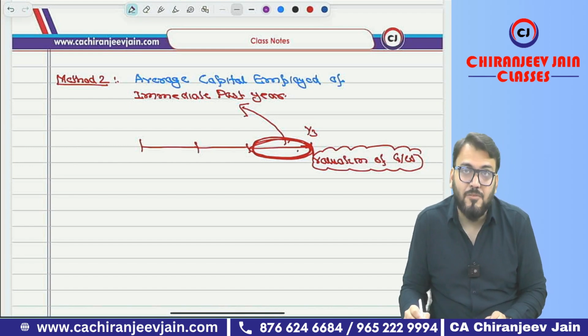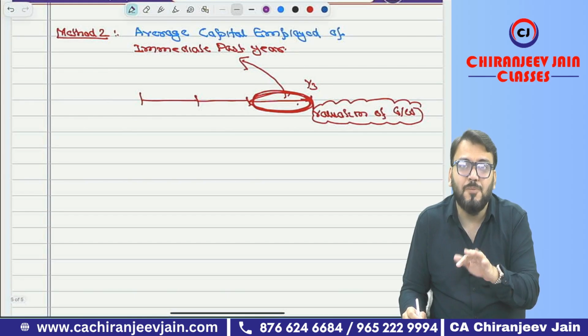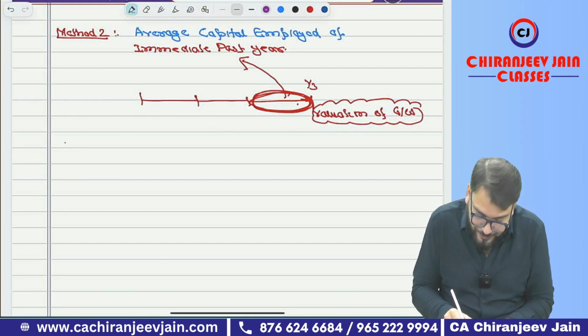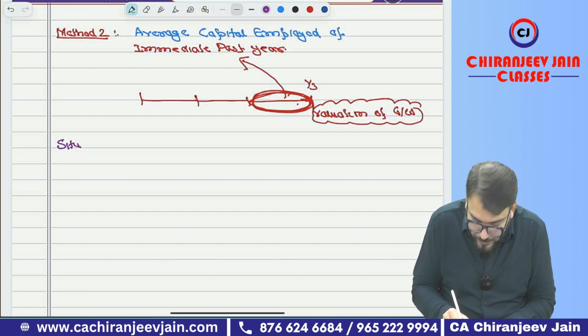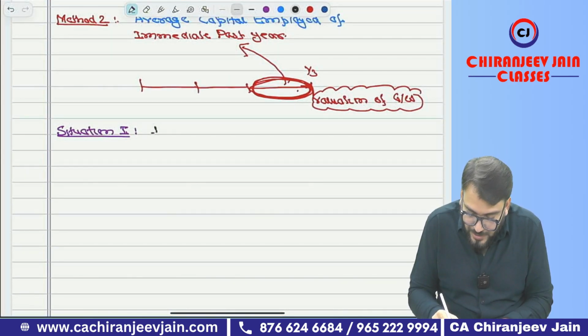This we can calculate as per the information given in the question. So there can be two situations as per the information given in the question. Write situation 1. Correct.